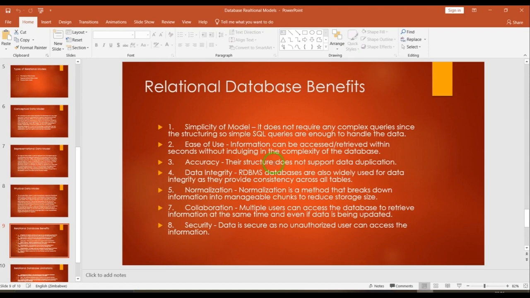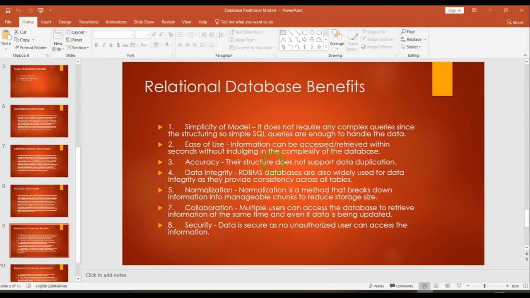Number 5, normalization. What is normalization? It is a method that breaks down information into manageable chunks to reduce storage size. Then number 6, collaboration.